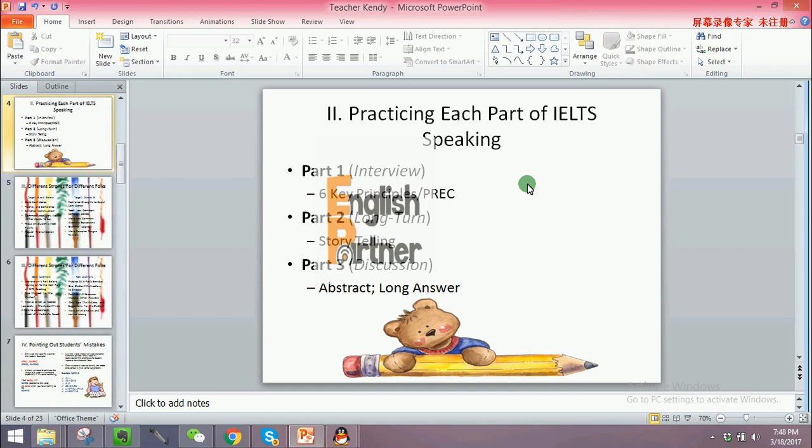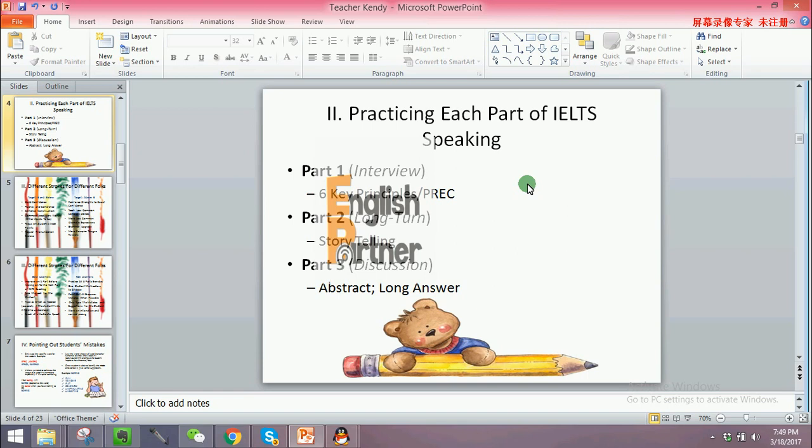Like in part 1, it is some kind of an interview or getting to know you stage in which the examiner would ask some personal questions. Part 2, on the other hand, is the long turn or the storytelling type of test. And part 3, of course, is the discussion type, which includes abstract questions, which require them to give longer answers than those in part 1.